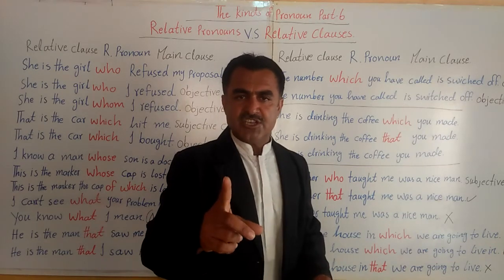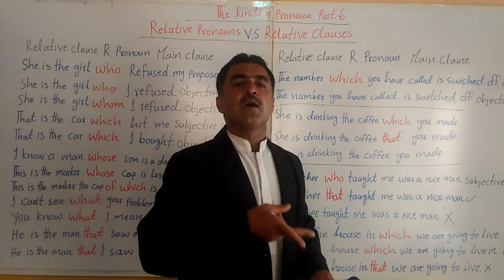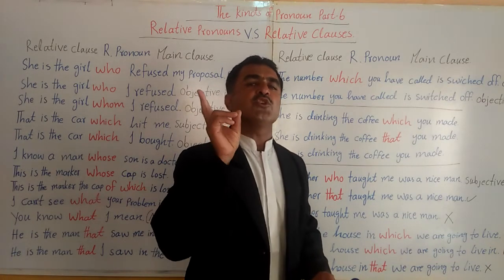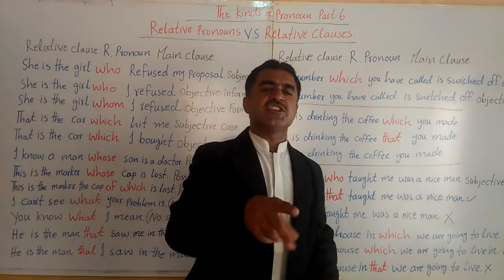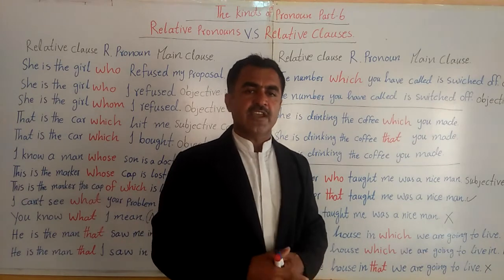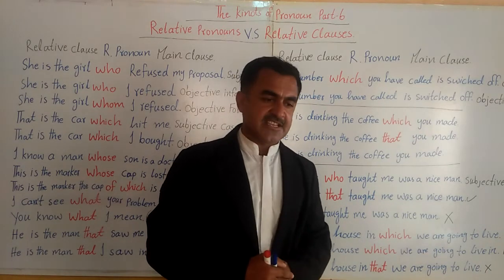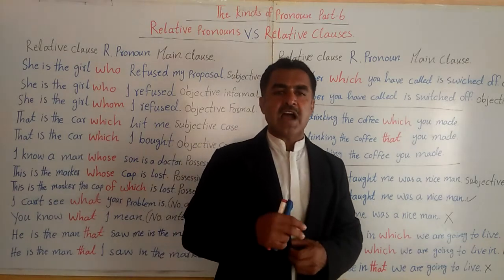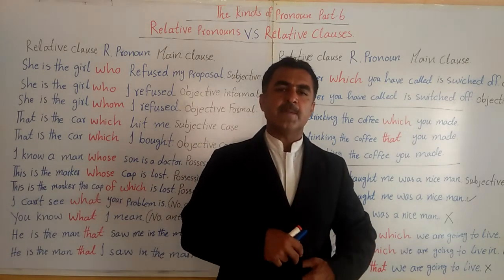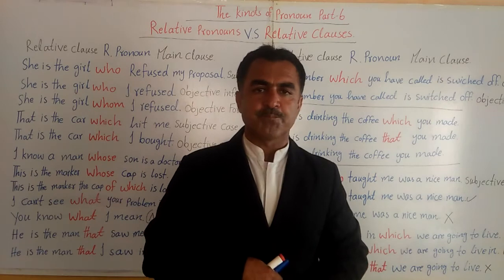Because when a preposition comes before the relative pronoun, then you cannot drop the relative pronoun or change it into that. For example, I want to tell you another sentence. I like the people with whom I work. Now here I cannot change whom.